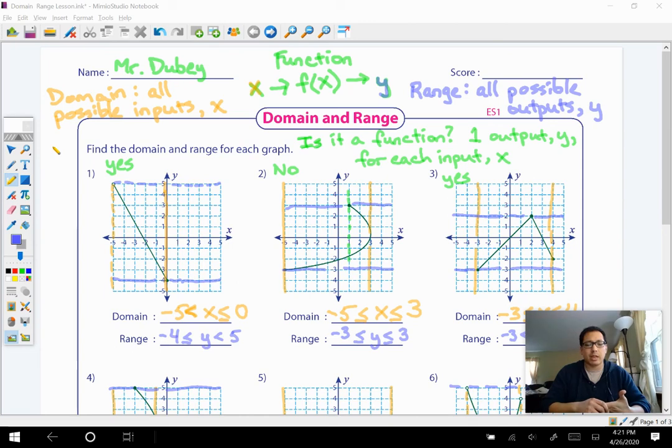I will provide a separate thing if you want to print something out or write it on a separate sheet of paper. I'll provide some other problems like these that you could write down and then take a photo of and submit in Classroom. But I'll also have some problems in Desmos if you want to do it that way instead. So I'm just going to have some graphs like these and see if you can identify the domain and range for those graphs.